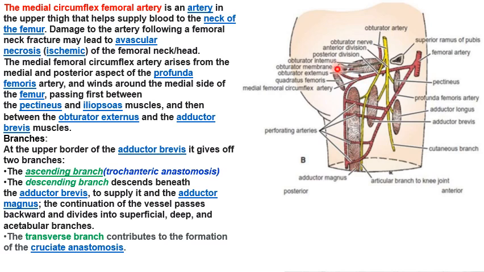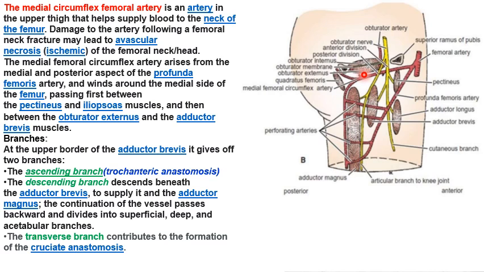So the ascending branch participates in the trochanteric anastomosis. The transverse branch participates in the cruciate anastomosis, and the descending branch participates in the longitudinal anastomosis.